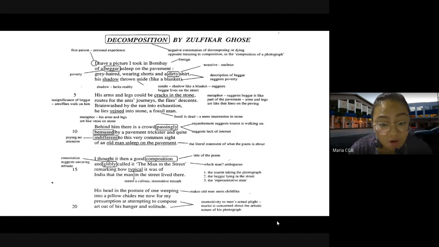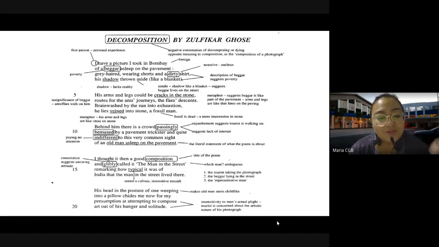In stanza 4, again, you can talk about how the beggar is treated like an art piece by the persona, the photographer, again emphasizing how insignificant the beggar is. And in the fifth stanza, you can focus on the image of the beggar, which is very childlike and also portrays a sense of innocence, because he is alone in his suffering.